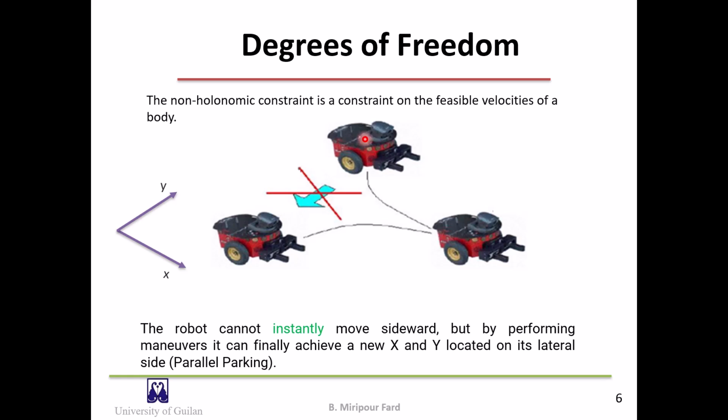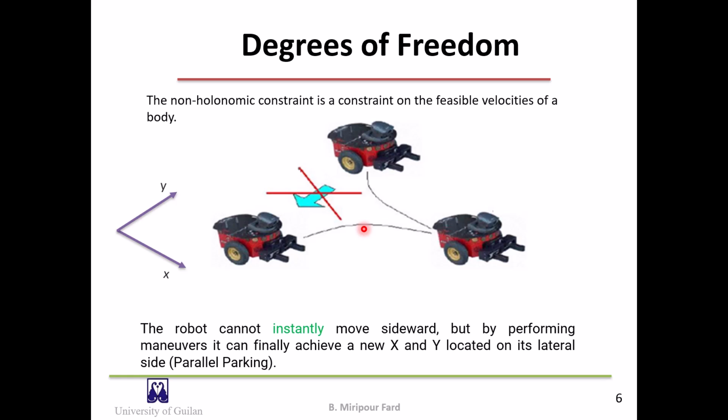It's true that the robot cannot instantly move sideward, but by performing some maneuvers, it can finally achieve a new x and y located on its lateral side. These maneuvers can be the ones we do in parallel parking.